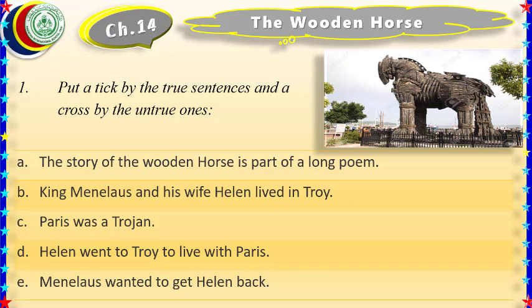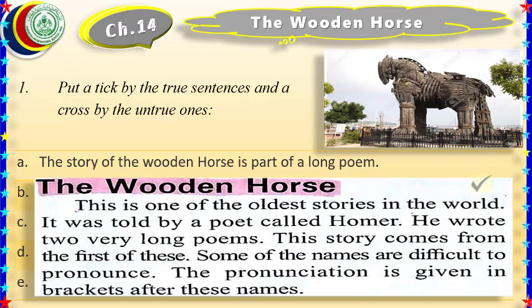The story of the wooden horse is part of a long poem. Yes, it is mentioned here. It was told by a poet called Homer. He wrote two very long poems. This story comes from the first of these. This means part A is true.